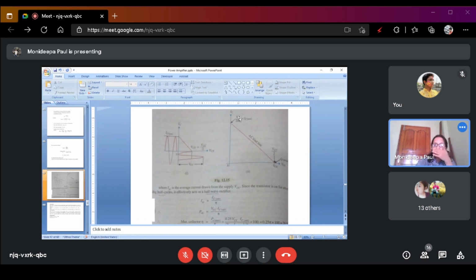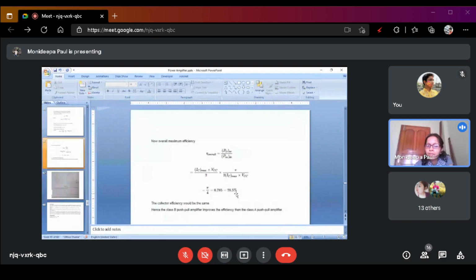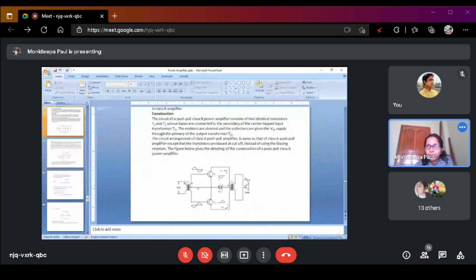RL is given because we use the center tap transformer in the load side. The primary winding of the transformer, that is this transformer, is center tap. So voltage applied is divided by 2. So VCC by 2, load resistance is RL. So what is the IC? IC is equal to VCC by 2 into RL. So first find out the IC.